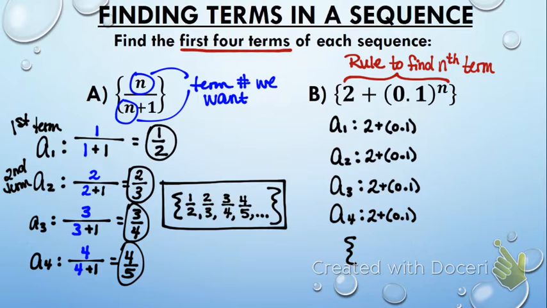What is the first term in this sequence? 2.1. What is the second term in the sequence? 2.01. Third term? 2.001.